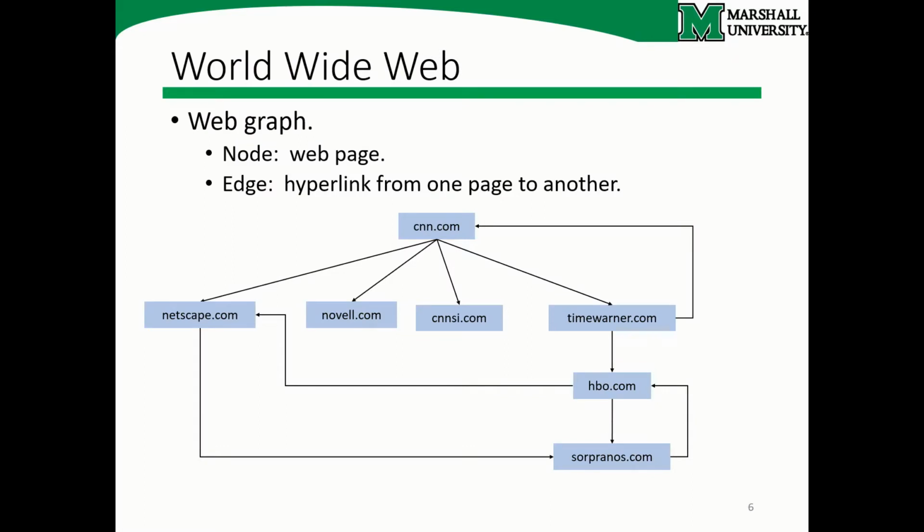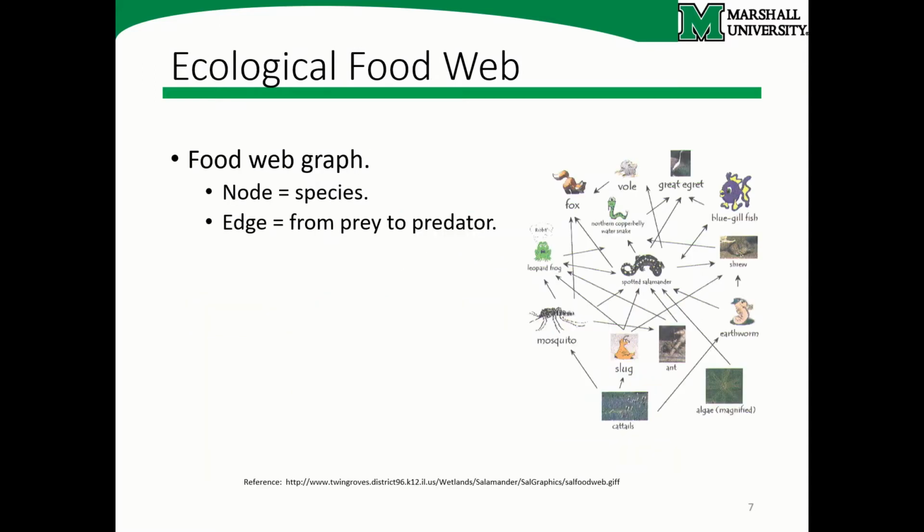We can generate a web graph from a website. Here, a single web page is modeled as a node, and a hyperlink between two web pages can be modeled as an edge. Similarly, an ecological food web can be modeled as shown in the picture.